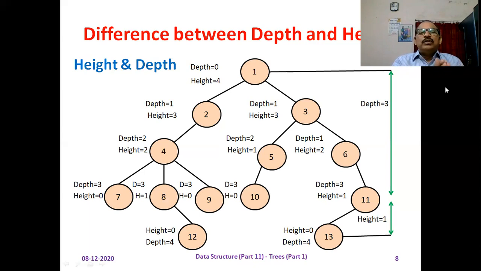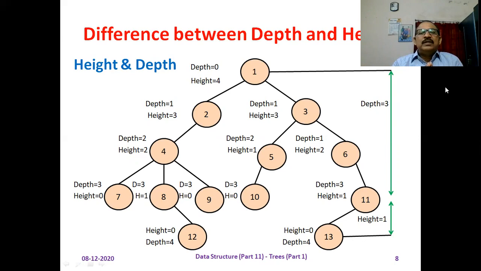So this way you can determine the height and depth. The basic difference is that the root node is always assigned a depth 0 and each leaf node is always assigned a height 0.